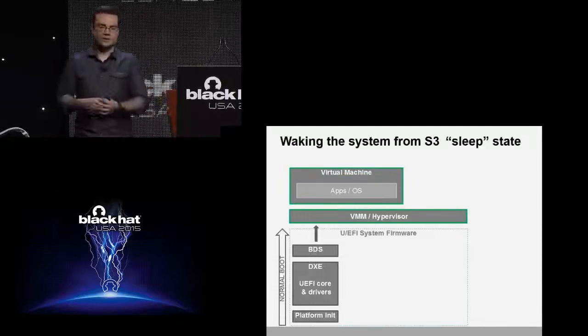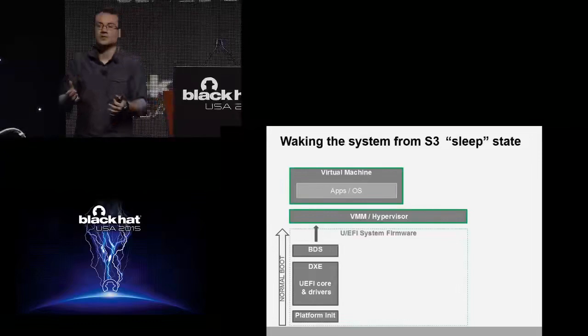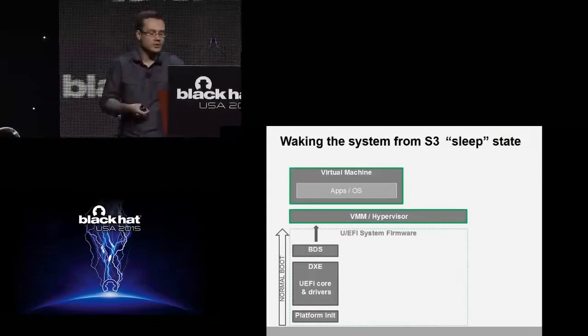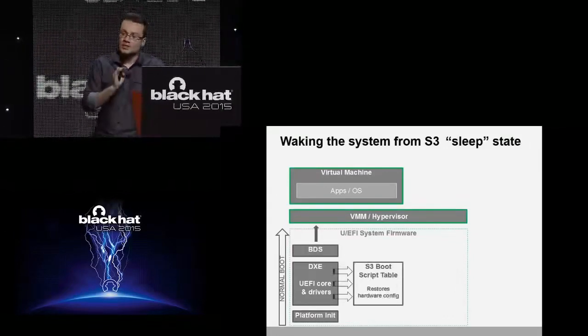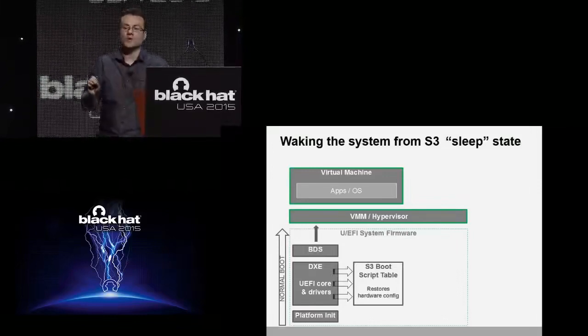So this is how this mechanism works. The firmware needs to boot faster when the system resumes from sleep. In a normal boot, it executes all of the DXE code and performs all the configuration of the hardware. In addition to configuring hardware, all of that code is recording information into a table called the S3 boot script table.